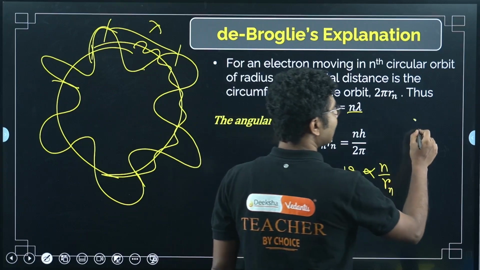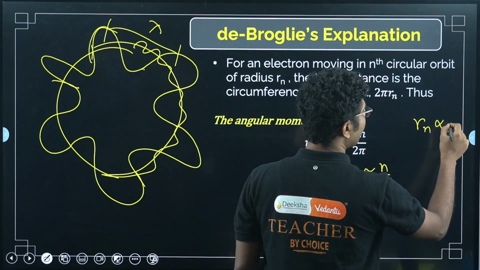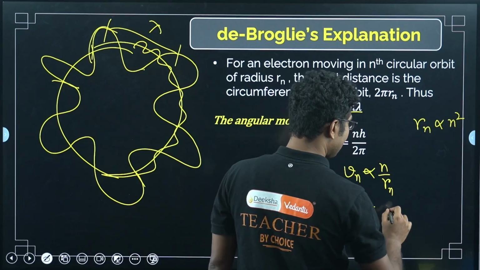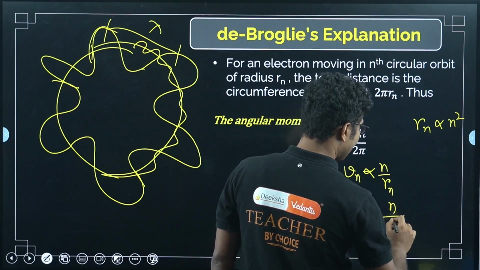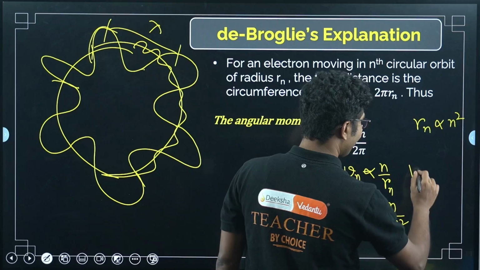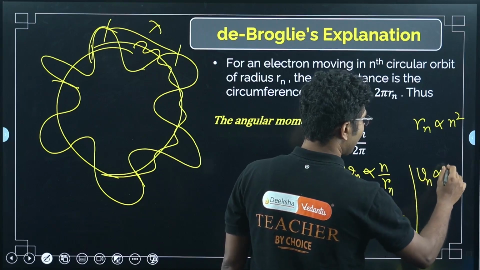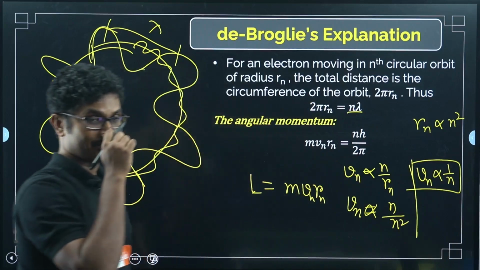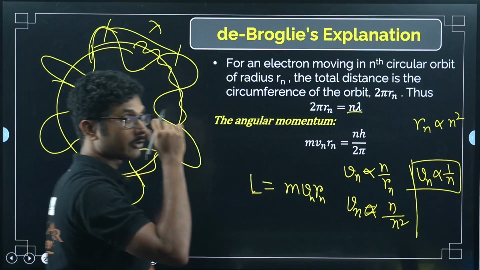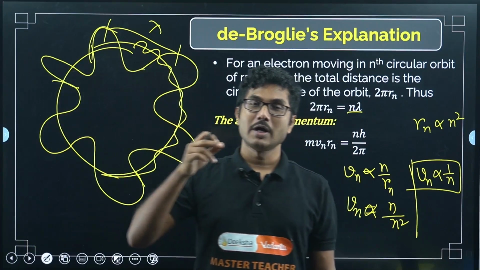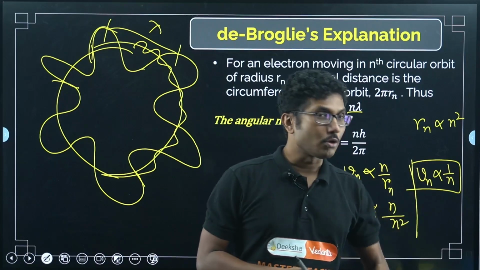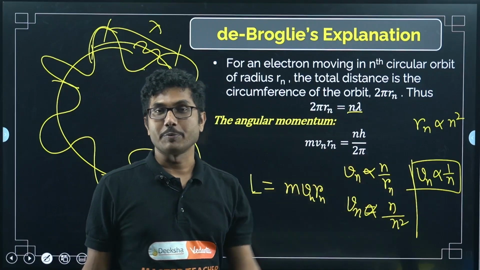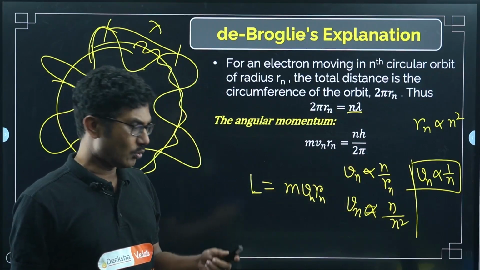Now r_n is again proportional to n square. So we can say that v_n is proportional to n by n square, that is, v_n is proportional to 1 by n. This is also one of the important relations. The velocity of an electron orbiting in the nth orbit is proportional to 1 by n.